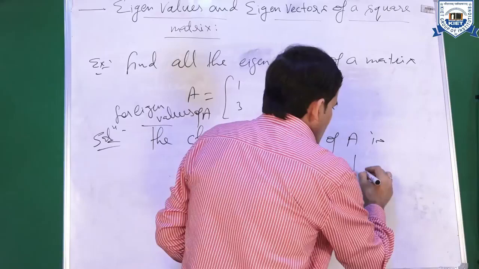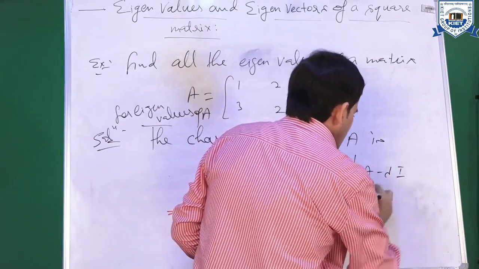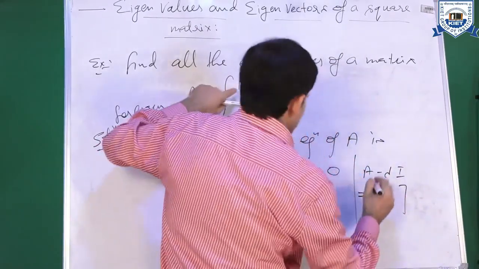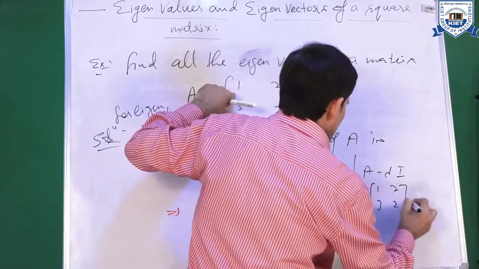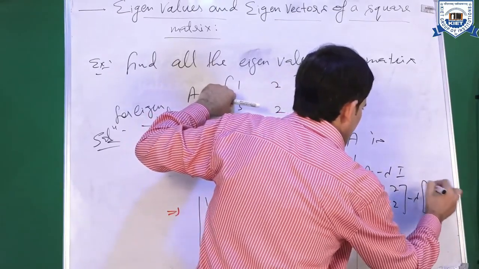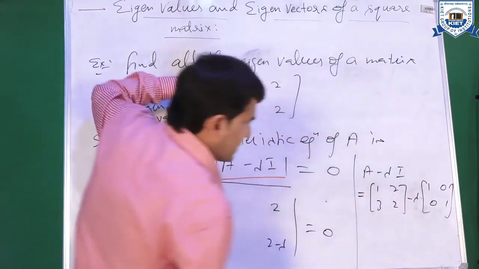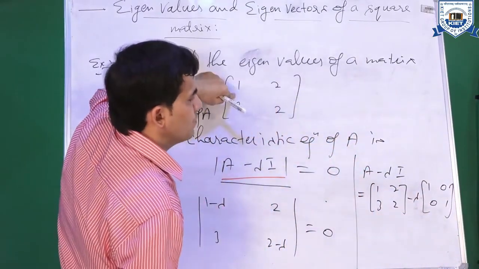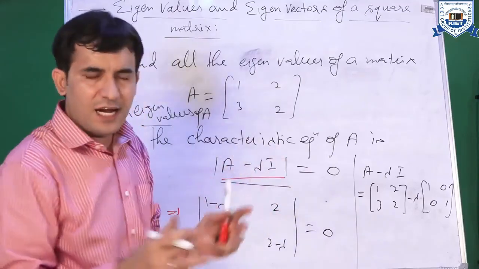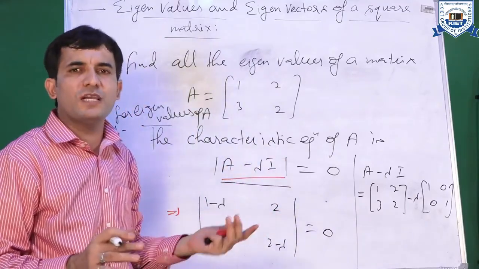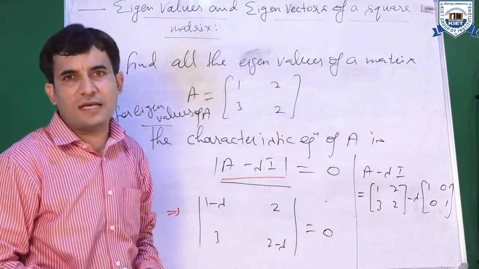Just like here, A minus lambda I means matrix A, which is 1 2 3 2, minus lambda times 1 0 0 1, the unit matrix of order 2 cross 2. Because we know that subtraction and addition of two matrices is possible only if they are of similar size.